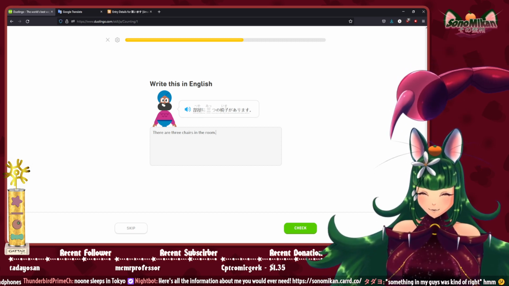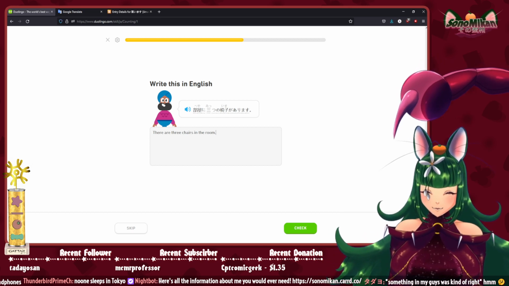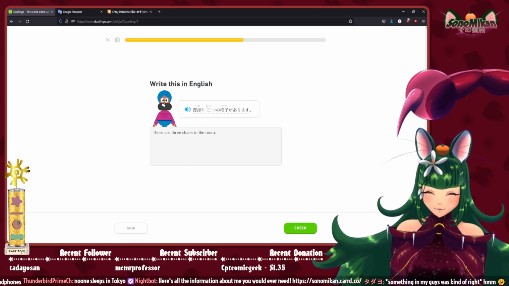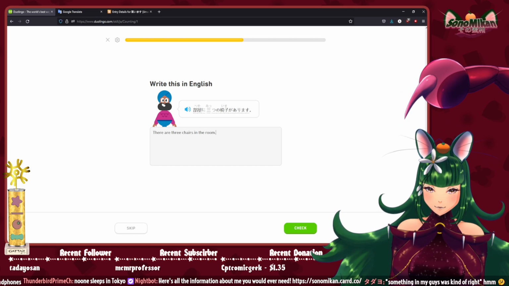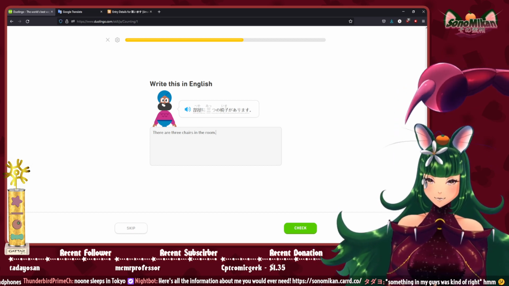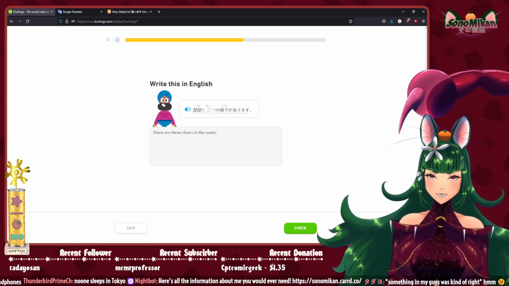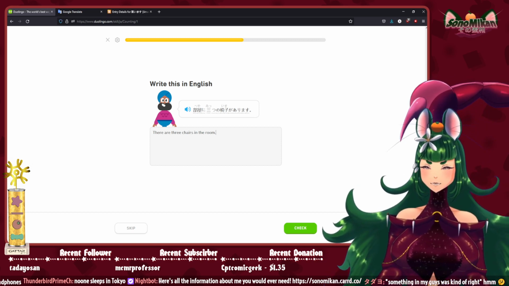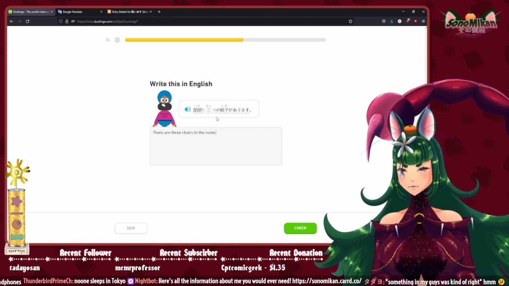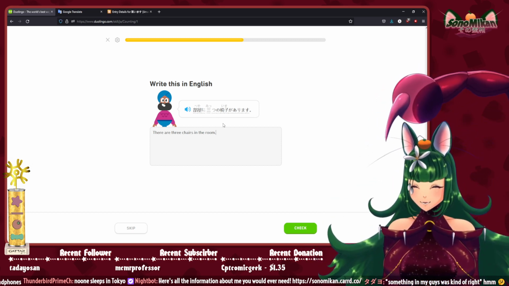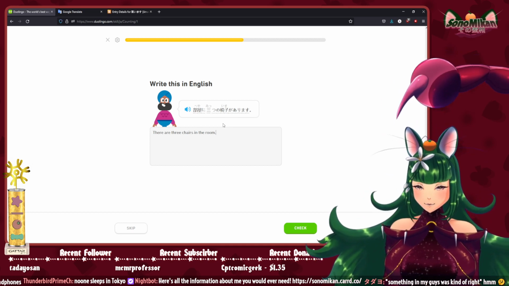Kore wa Sakamoto-san no kaita abure desu. Indicates position or location. Okay. No. No. It's like indicating the amount of chairs.